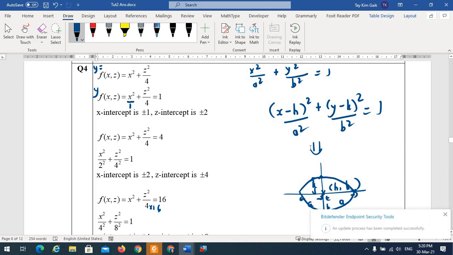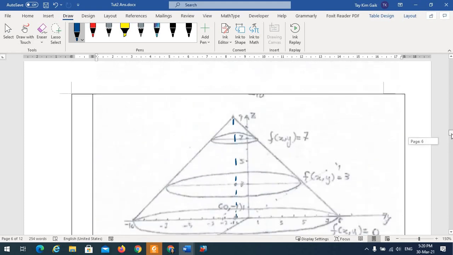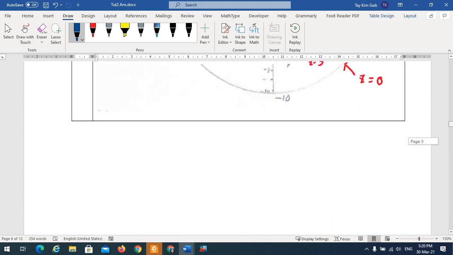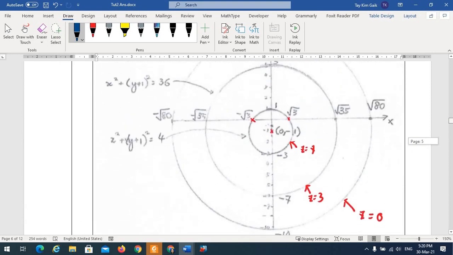But if they are not centered at 0, 0, normally you will find the xy intercept, because if not centered at 0, 0, it will be difficult for us to measure. For example, this circle. One of the centers is on the y-axis, so I can measure here. This one go up 2 units, go down 2 units. But I want to measure from here to here, 2 units.